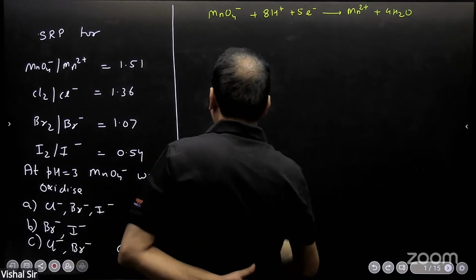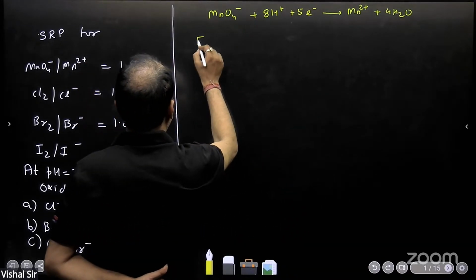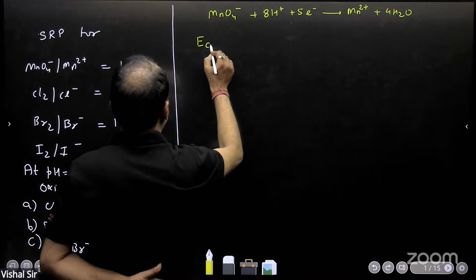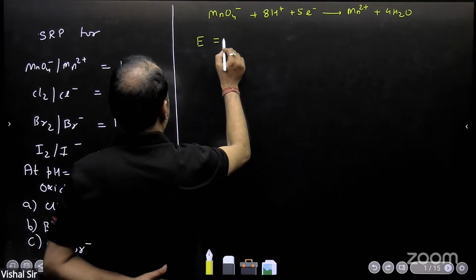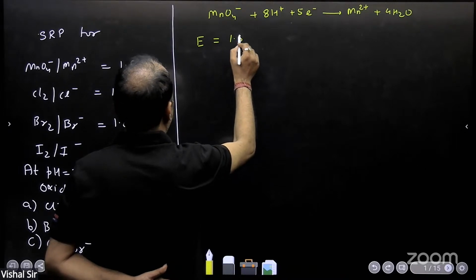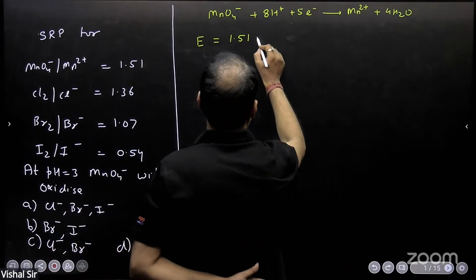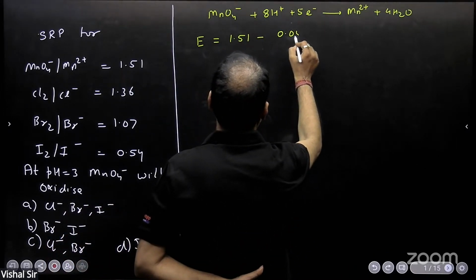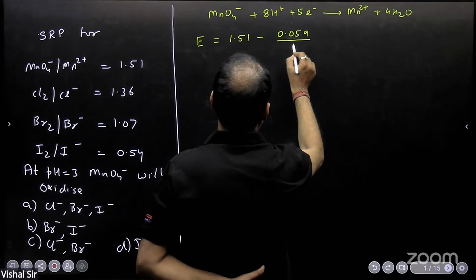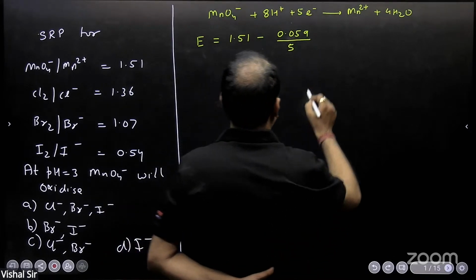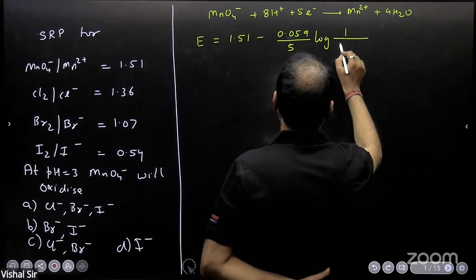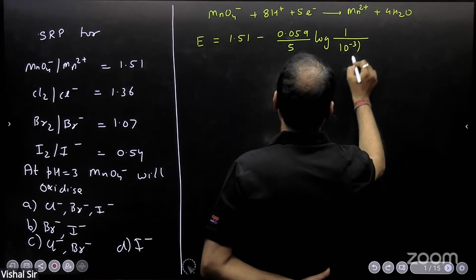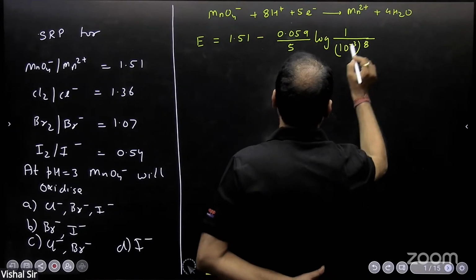So if we apply Nernst here, E will become 1.51 minus 0.059 by 5 log of 1 by 10 raised to minus 3 raised to 8.